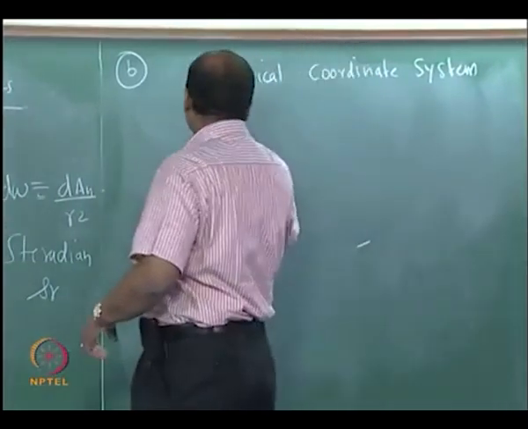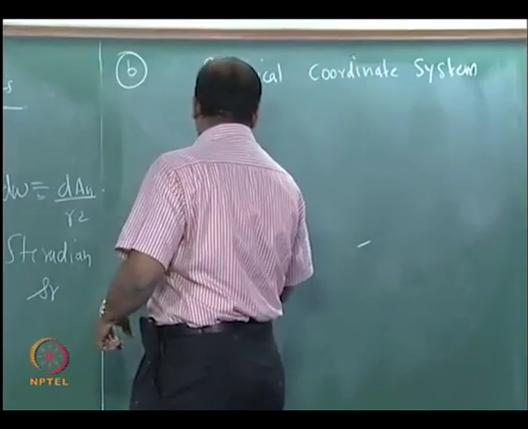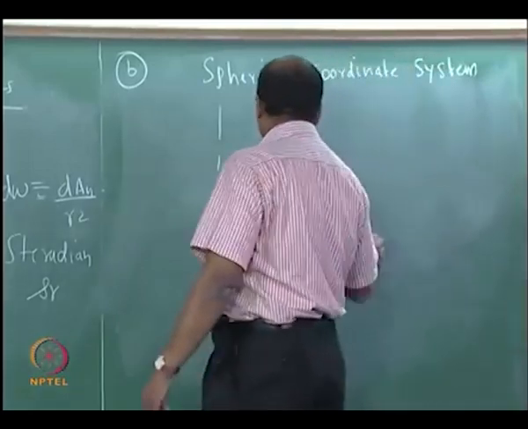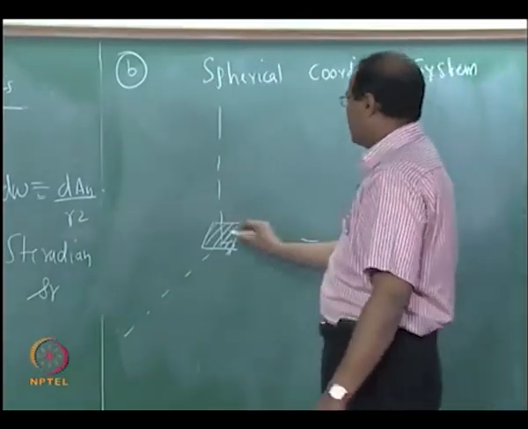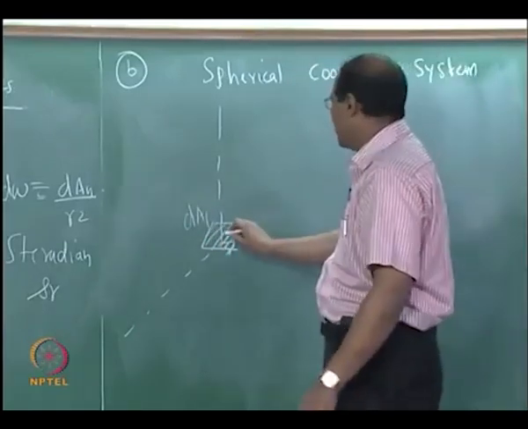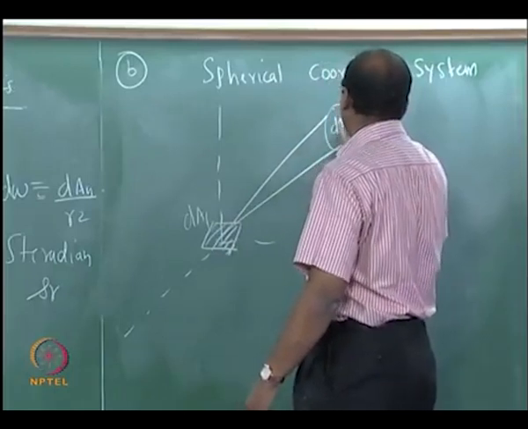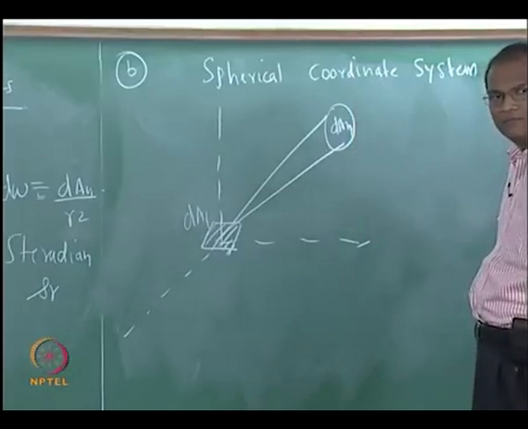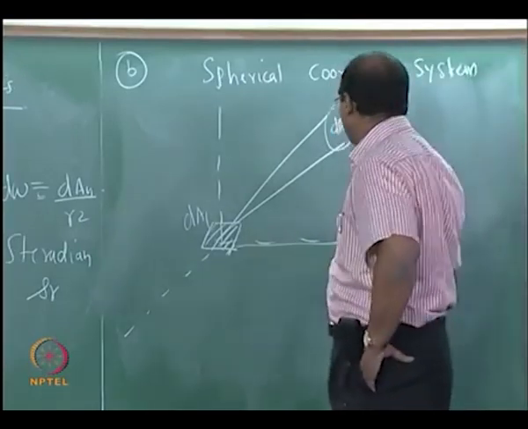So let us consider an elemental area dA1 which is emitting radiation, okay, it is going in all the directions. There is another elemental area DAN which is intercepting this radiation.